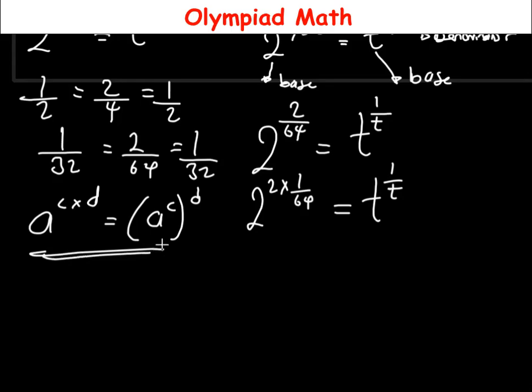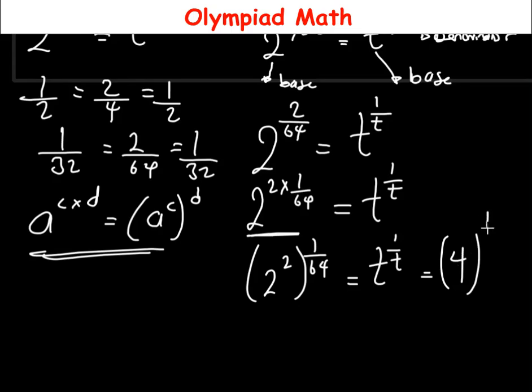Applying this principle, we're going to have, in brackets, 2 raised to power 2, then to the power of 1 over 64, which equals t raised to power 1 over t. Now 2 to the power of 2 is 4, all raised to power 1 over 64, and this equals t raised to power 1 over t.